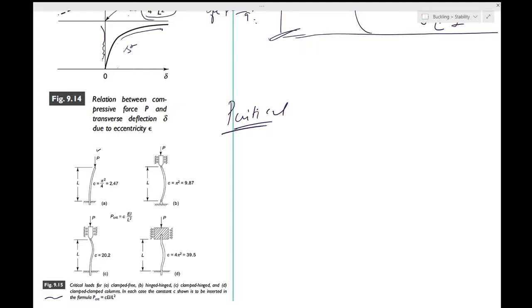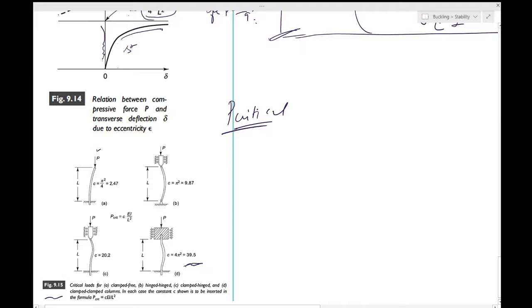Note that the critical load of a column which is clamped at both ends is 16 times larger compared to the case which was just discussed. So this is the case which people are referring to. This is clamped on both the ends, so it can only move in this form.